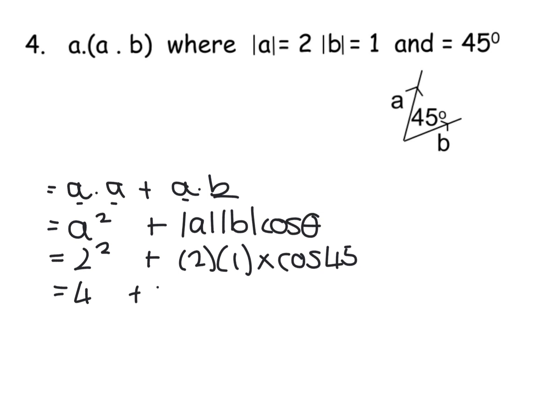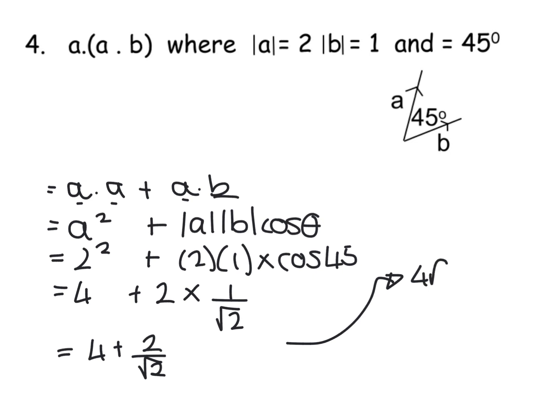So that would be 4 plus 2 times, now cos 45 is 1 over root 2. So that would just be 4 plus 2 over root 2. If you wanted to combine that, that would just be the same as 4 root 2 over root 2 plus 2 over root 2.